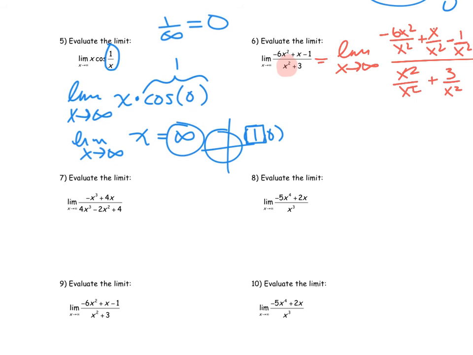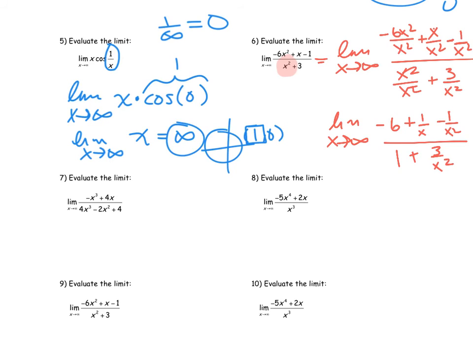And now immediately I see things that can start to cancel. So I'm taking the limit as x approaches infinity of negative 6 plus 1 over x minus 1 over x squared, all over 1 plus 3 over x squared.